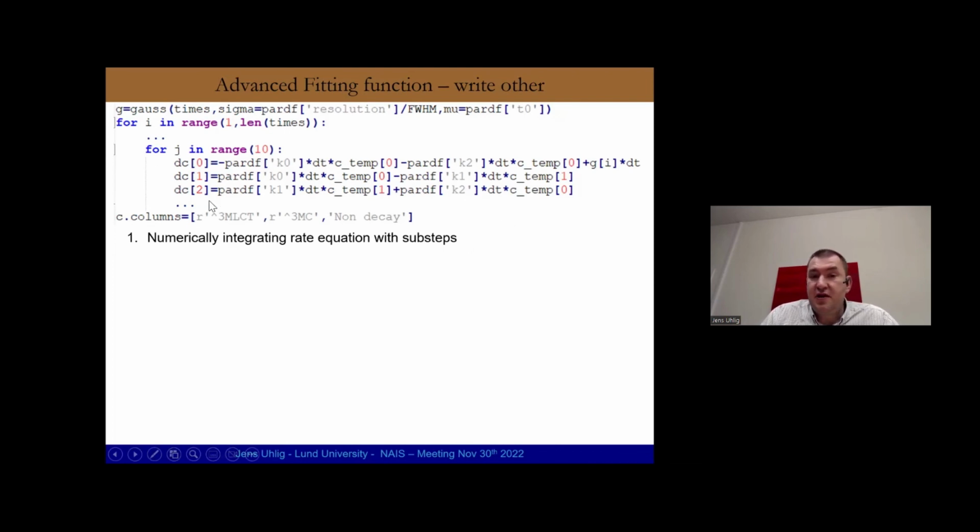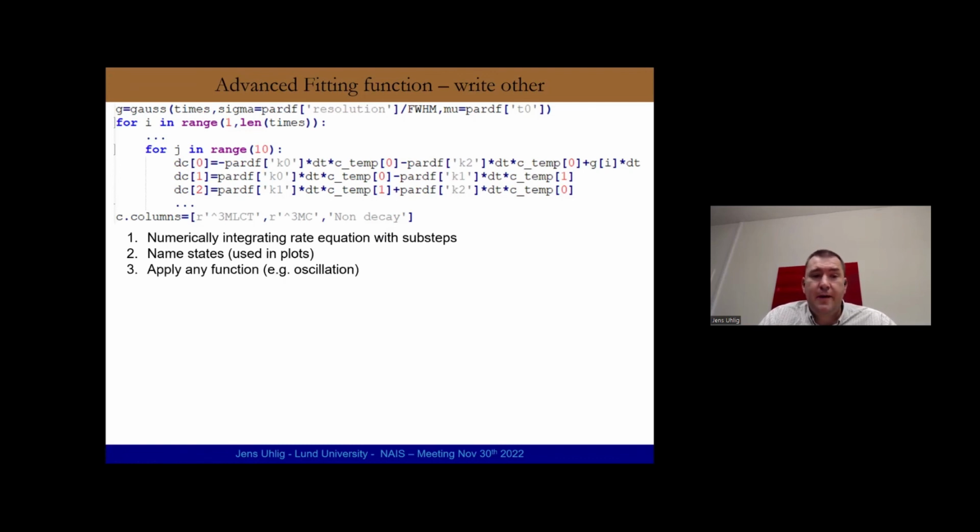You write a differential equation, which is what I often do. I numerically integrate the differential equations for different numbers of steps, give that a name, which is then used in the plots. And this is how I write a model, because as soon as I can write a differential equation, I can write any model.